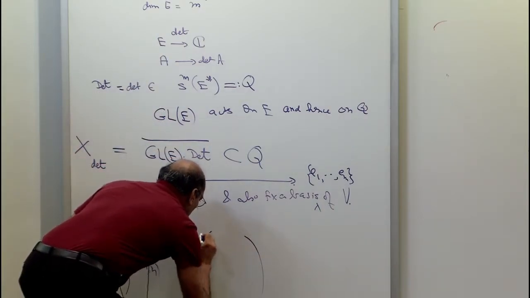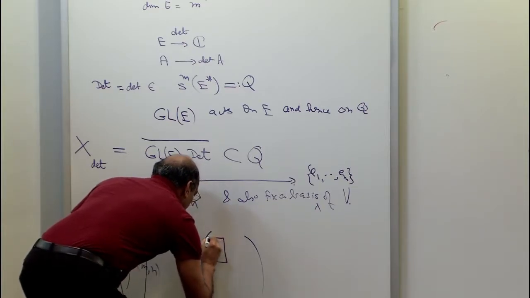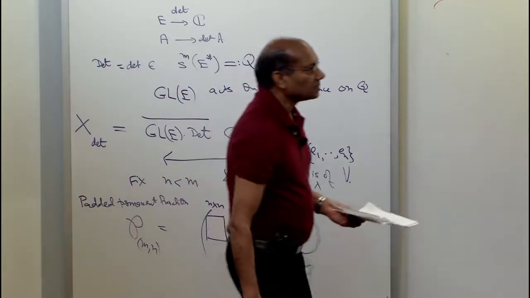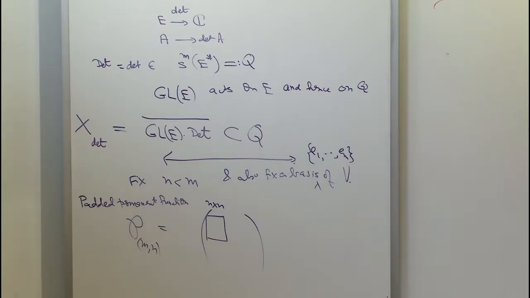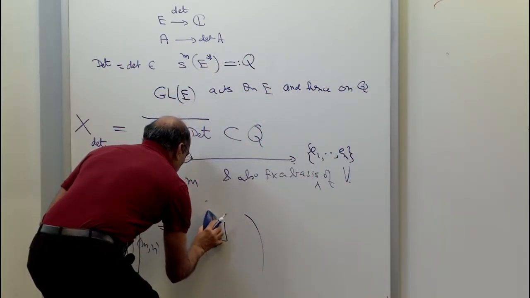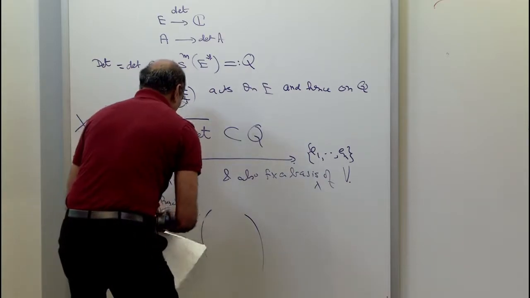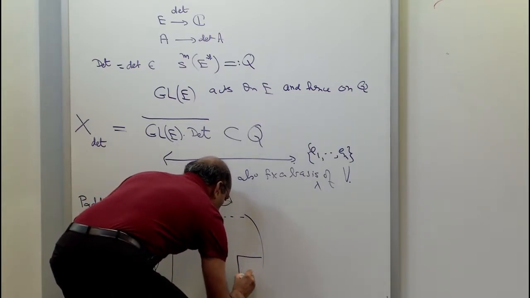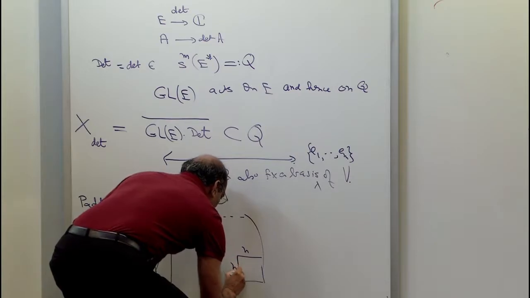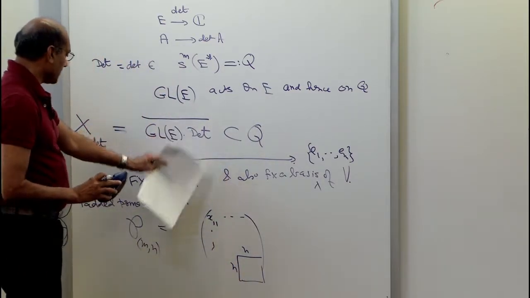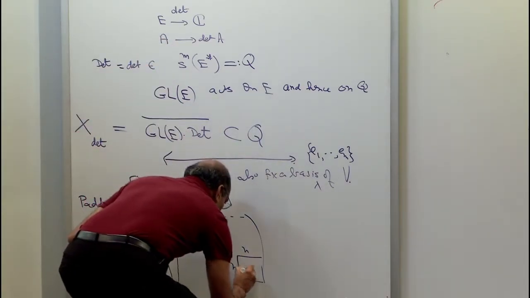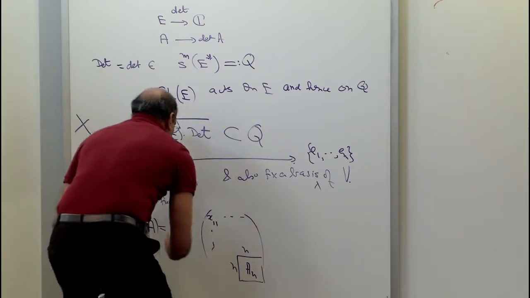Let's write x11 here, and in the bottom right corner I will put this n by n matrix, call it A_n.